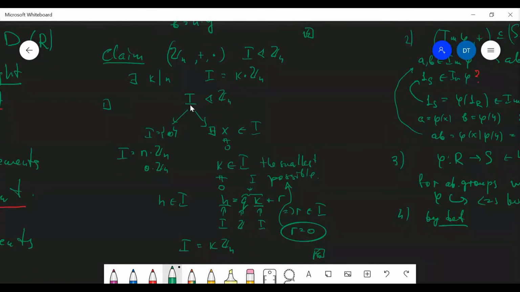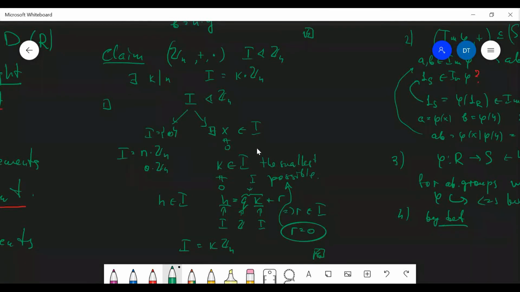Either this ideal consists of the zero element only, or it contains at least one non-zero element. If it consists of the zero element only, then you can represent I in this form, where k is equal to n. Well, if you multiply n by any element of Zn, you will get 0.